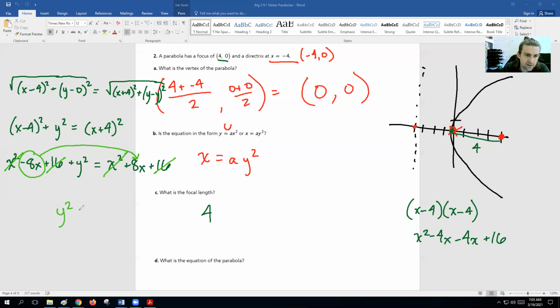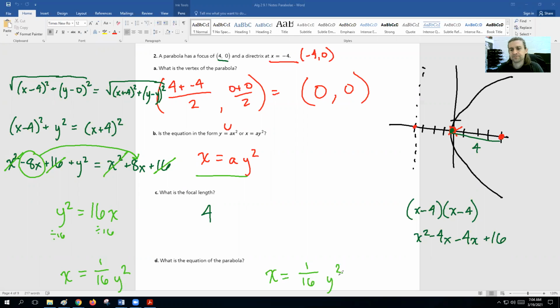And we get y squared equals 16x. And then to get the x by itself, because we know our equation is x equals, we're going to divide by 16, and y squared divided by 16 is 1/16 y squared. And so there's the equation, x equals 1/16 y squared.